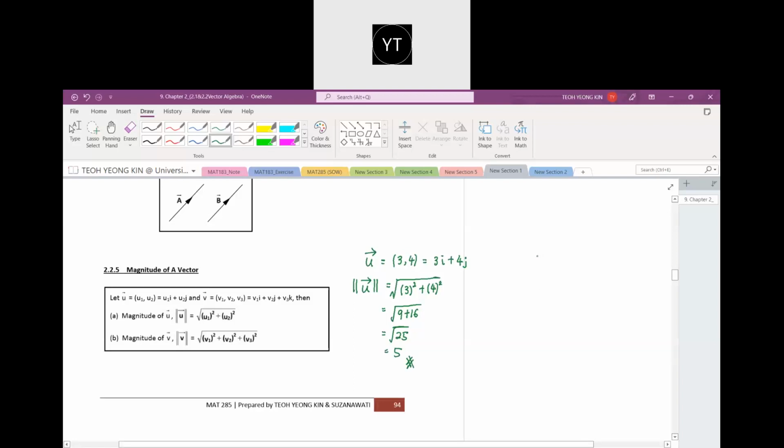Let's say vector V is I plus 3J minus 2K, for example.